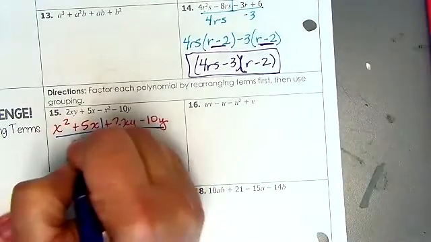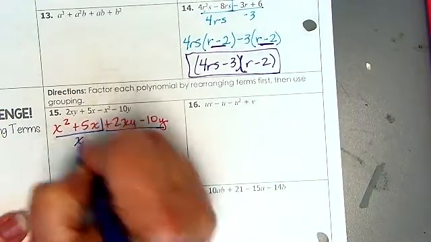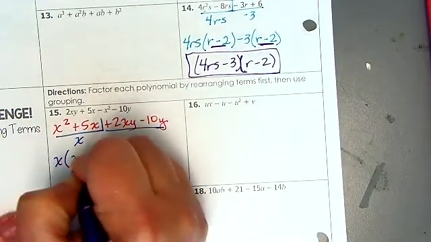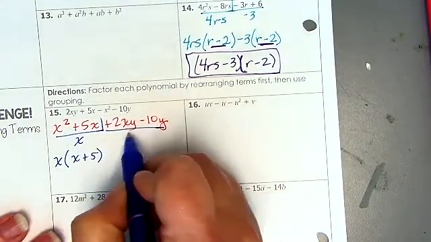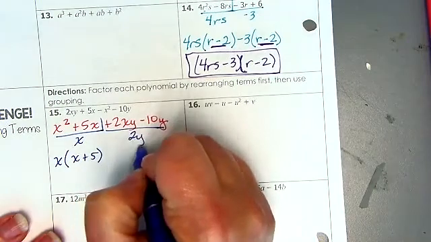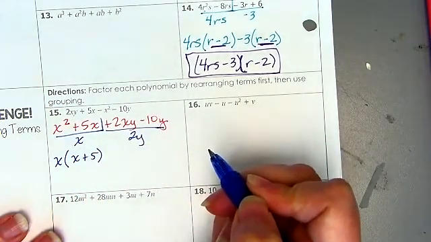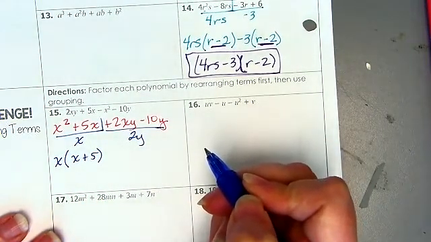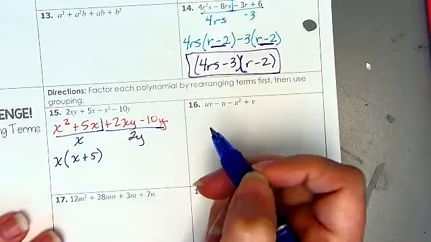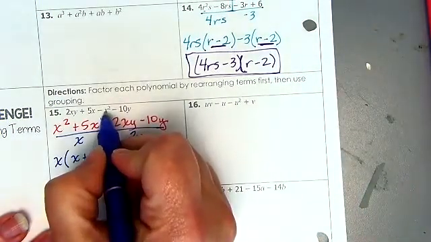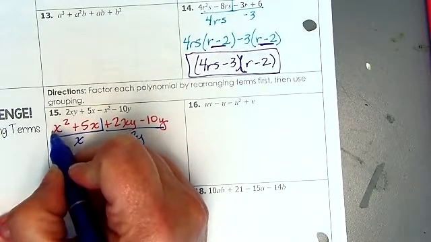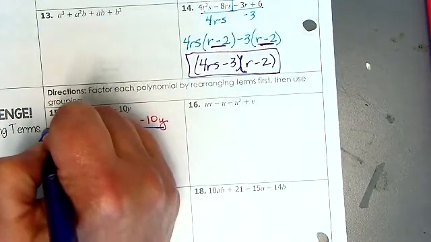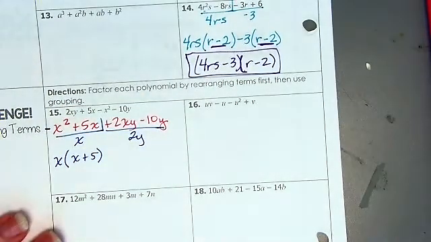And now my GCF on the left is x. So I have x, open parentheses, x plus 5, close parentheses. On the right-hand side, my GCF is 2y. Oh, that's a negative x squared. When I brought it over, I didn't put it as a negative. That's a big boo-boo. You have to remember that's a negative.